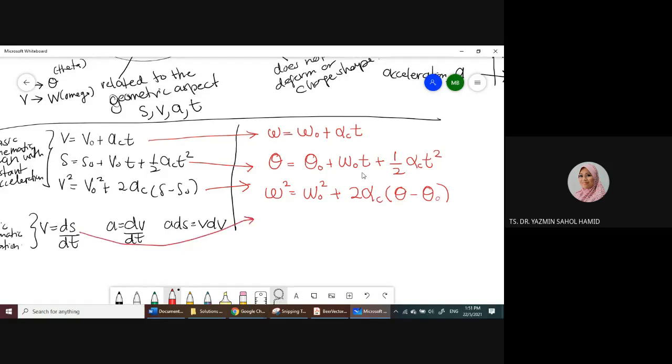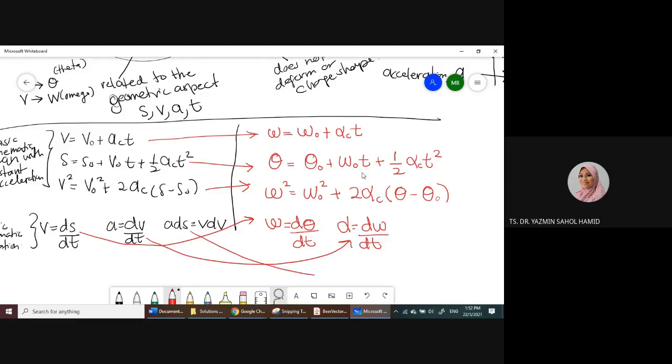So this one becomes omega, d theta over dt. Alpha is d omega over dt. And then lastly, this one is for this one.